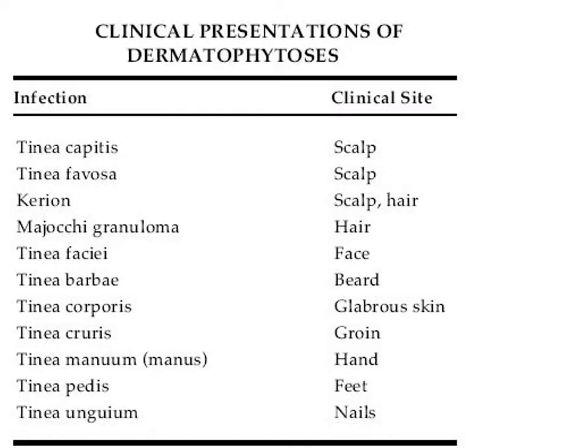Again, you can see from here the clinical presentation, depending upon which site is involved, you pretty much see a different name of that particular fungi. So all the way from scalp, hair, face, beard, glabrous skin, groin, hand, foot, and nails.